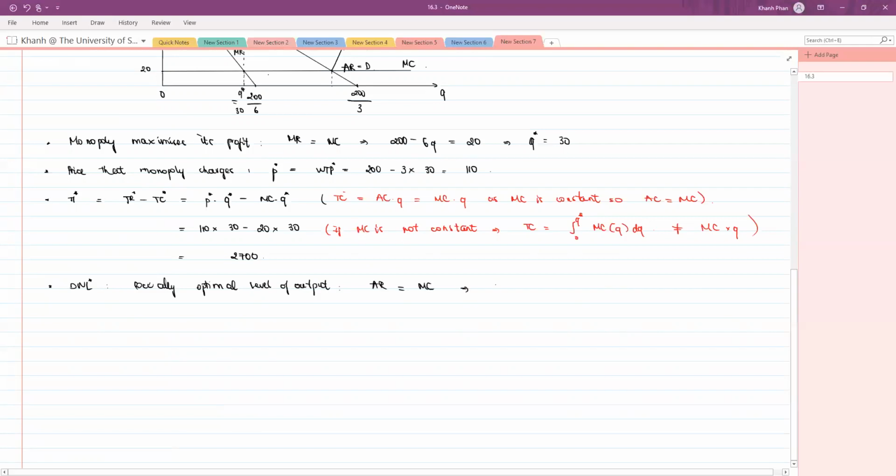So average revenue is 200 minus 3Q, and that equals 20. It gives you Q equal to 60, I think. Yes, so that is Q0. Q0 over here is equal to 60.